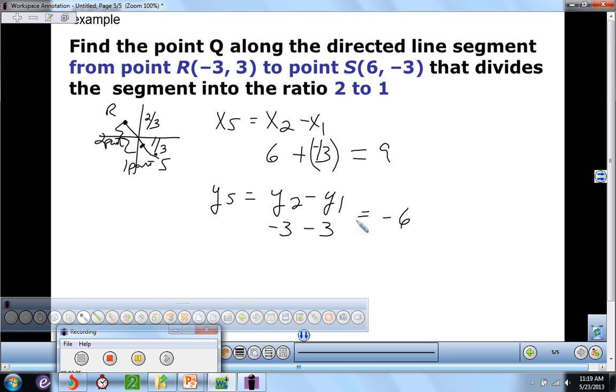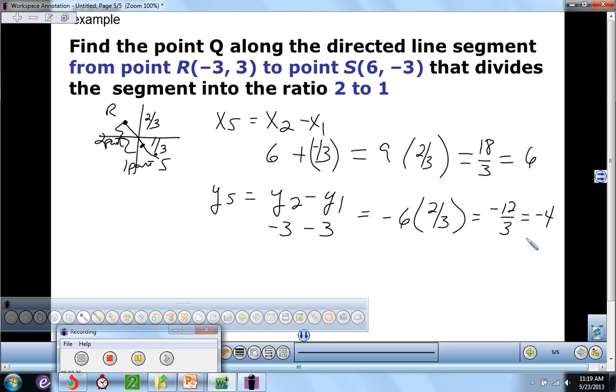Now what we're going to do is take that and multiply it times the fraction part, or the percentage, however you want to look at it, of the line that we have. So let's go 2/3. Let's multiply this by 2/3 and this by 2/3. When we do this, we end up with 18 over 3, so we end up with 6 here. And then here we'll end up with negative 12 over 3, so we end up with negative 4.